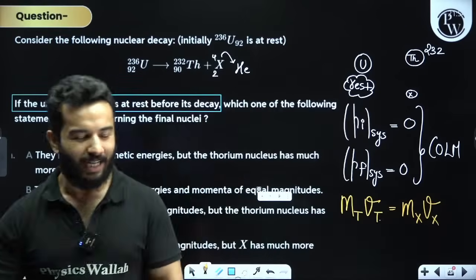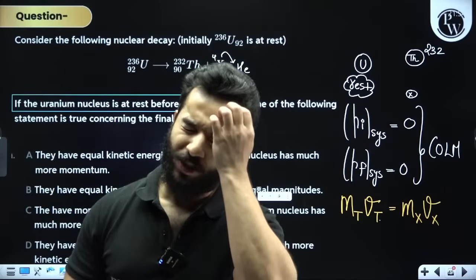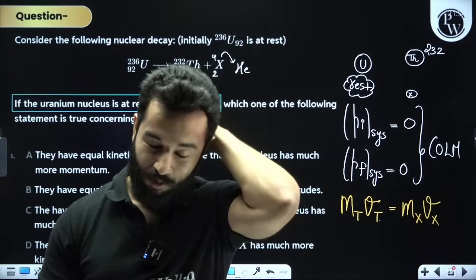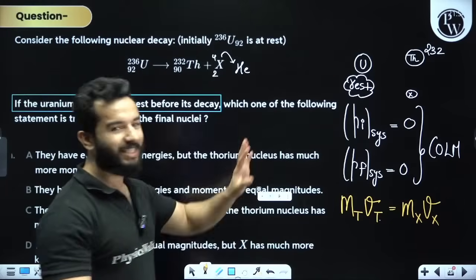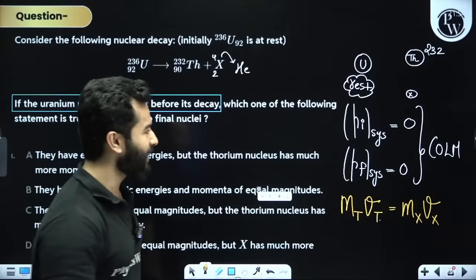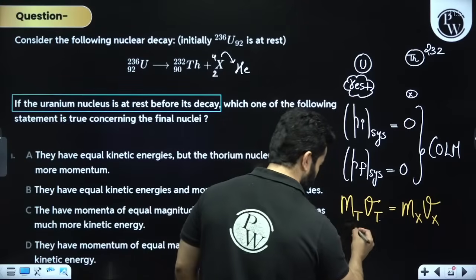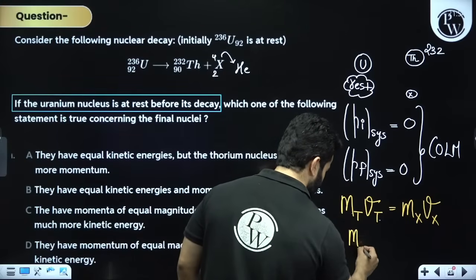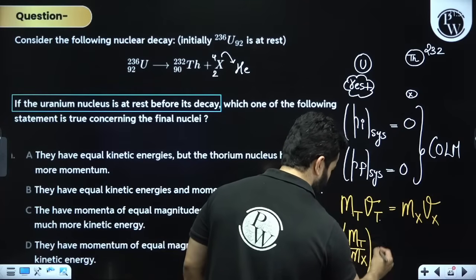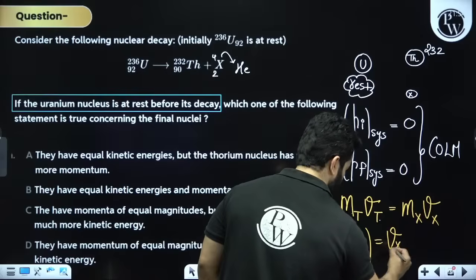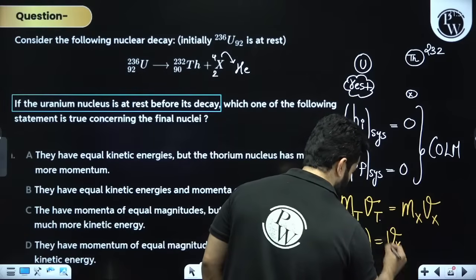In the mocks PW test series, I remember they had given it as helium, but this question is different. Now we know that the mass of thorium is definitely far greater than the mass of X. So the velocity of X will be far greater than the velocity of thorium.